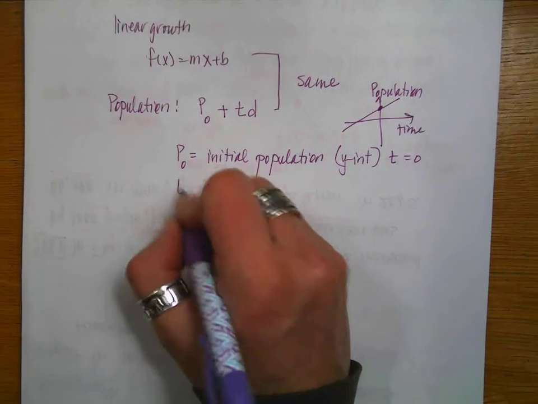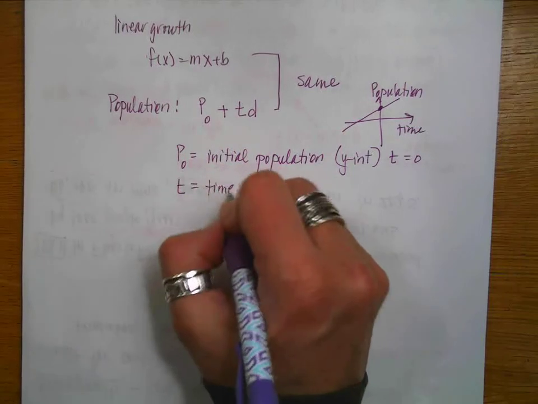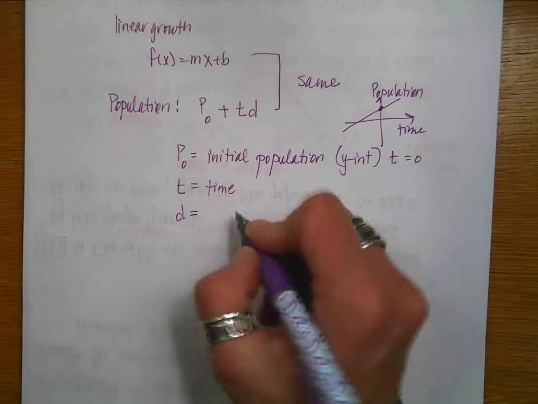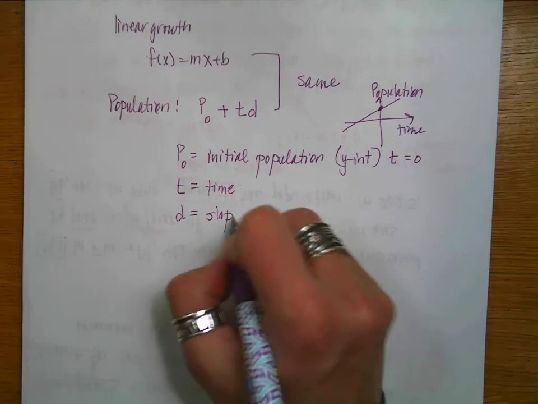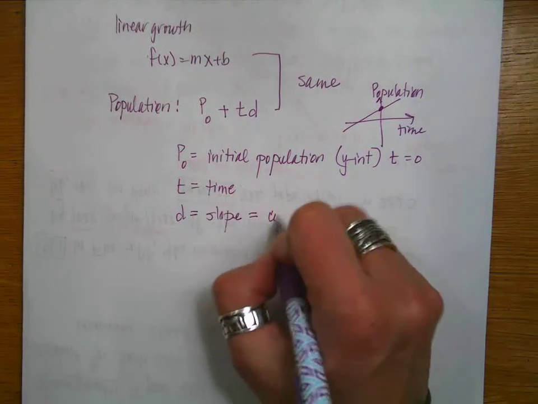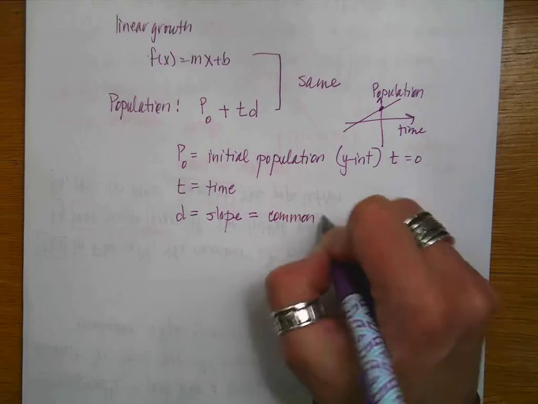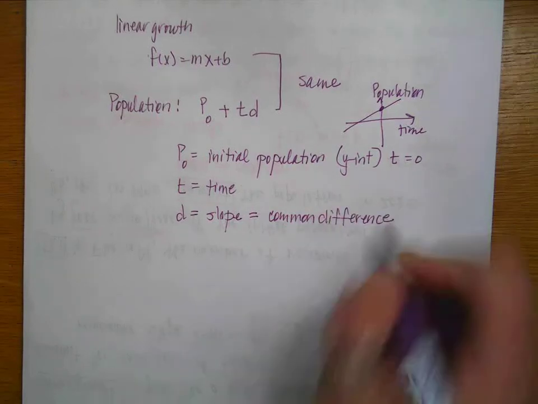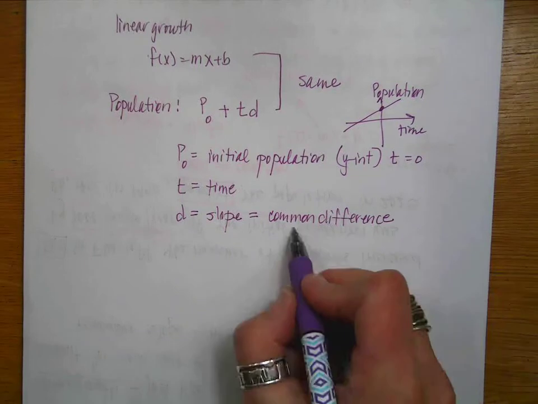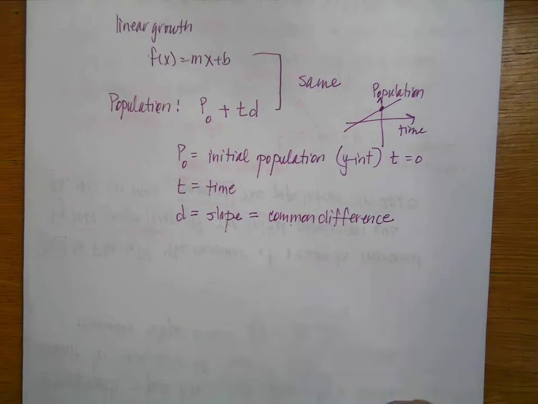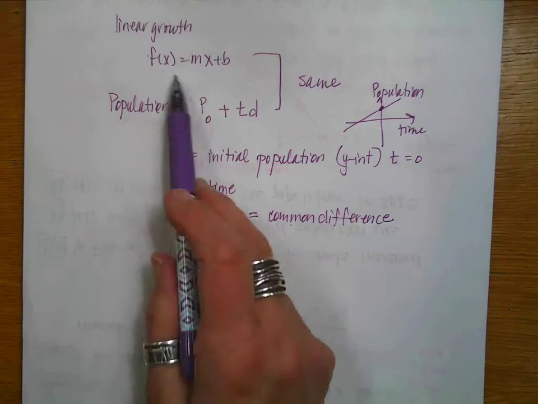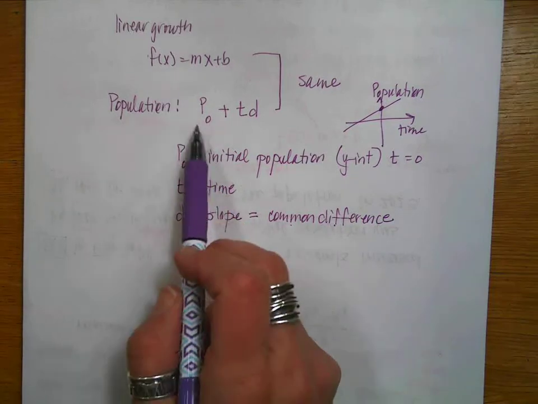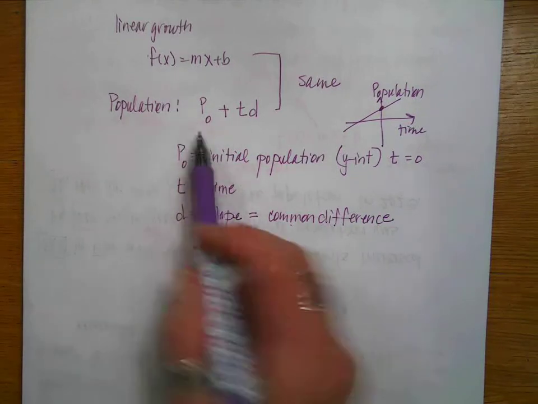Okay? Alrighty, so t is going to represent time. D is technically the slope. The book calls it the common difference, meaning that all of the values change by the same amount, same difference, okay? And so we're going to use this situation when we do our examples.